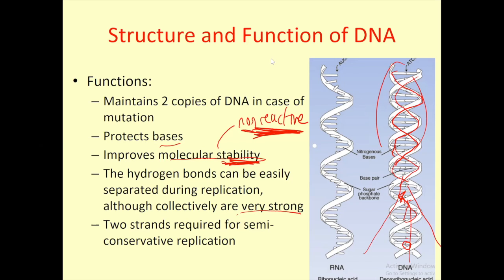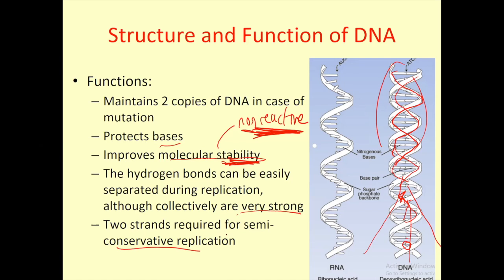Okay, so that's the strong and stable nature of DNA. Obviously, again, to protect the genetic code, if you like, to prevent changes, to prevent evolution, maybe. 2 strands are required for semi-conservative replication.